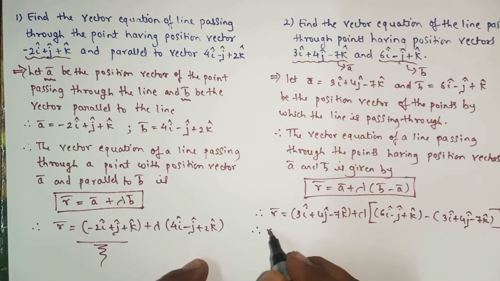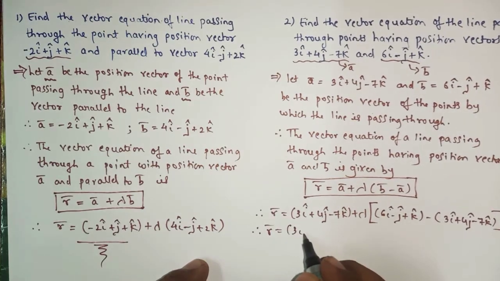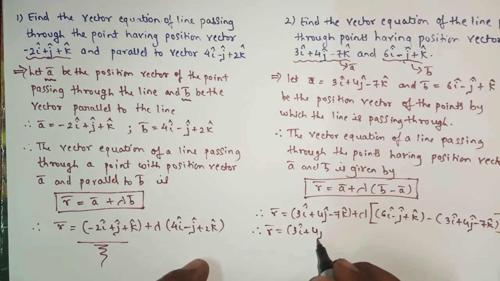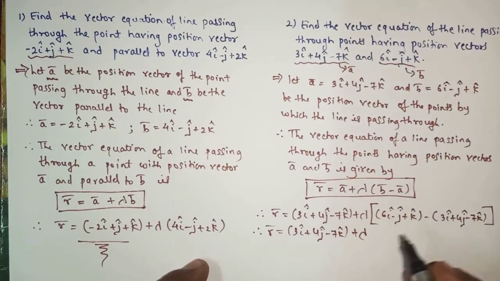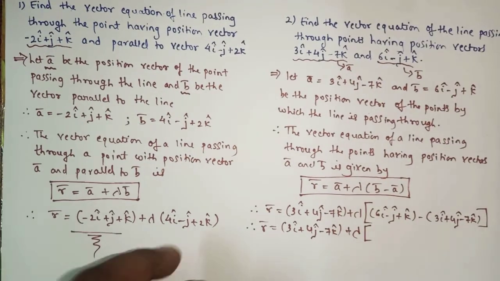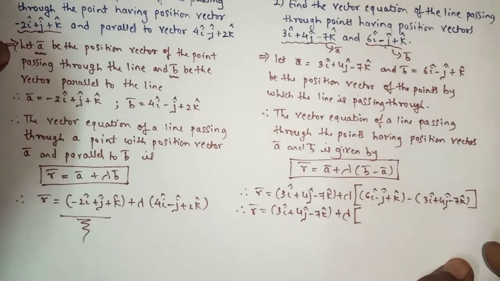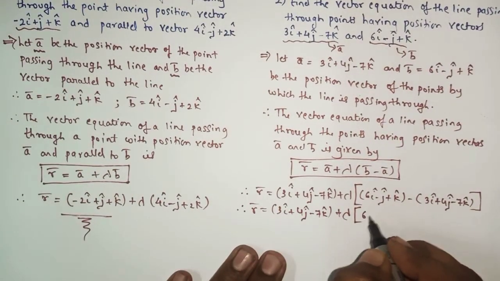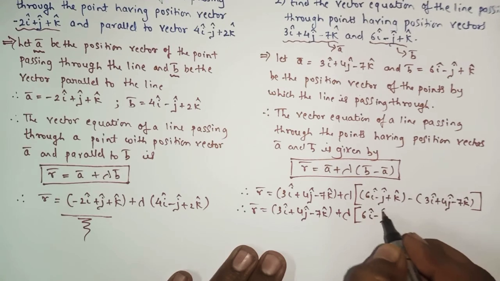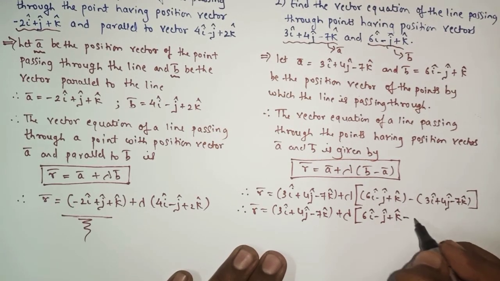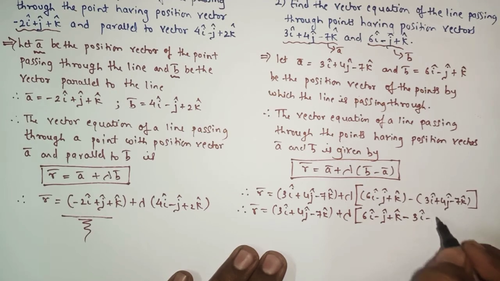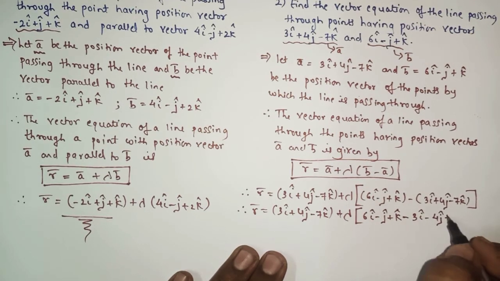So therefore R bar equals, this will be the same as it is, plus lambda. So here bracket open, this will be 6i minus j plus k, bracket open with minus. So here you will get minus 3i minus 4j plus 7k.